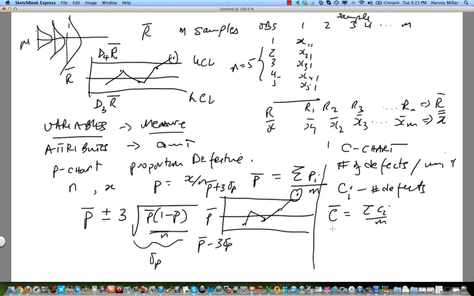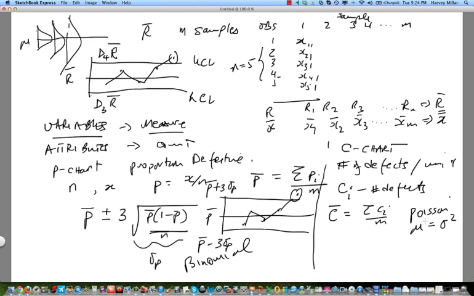And the interesting thing about this kind of distribution, while the proportion chart is based on the binomial distribution, is that this chart is actually based on a Poisson. And the thing about a Poisson is that the mean and the variance are the same. So in other words, mu is equal to sigma squared.